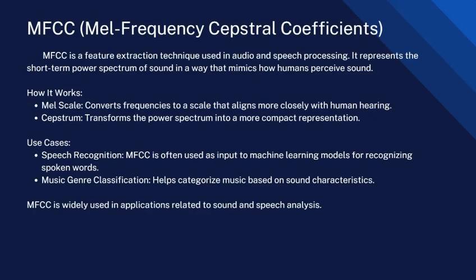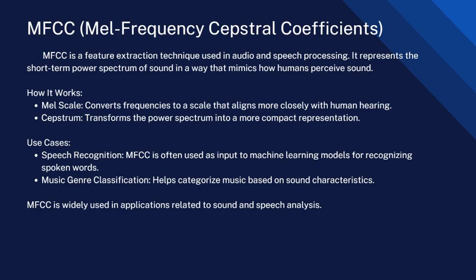Next is Mel-frequency cepstral coefficients. Mel-frequency cepstral coefficients is a feature extraction technique used in audio and speech processing. It represents the short-term power spectrum of sound in a way that mimics how humans perceive sound. How does it work? The Mel scale converts frequency to a scale that aligns more closely with human hearing.